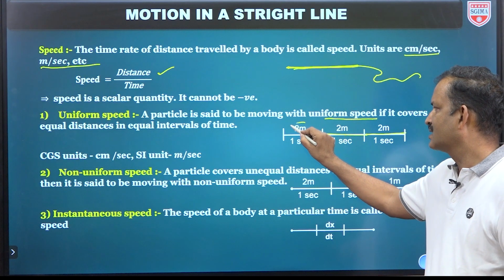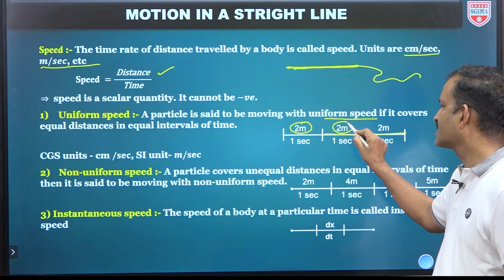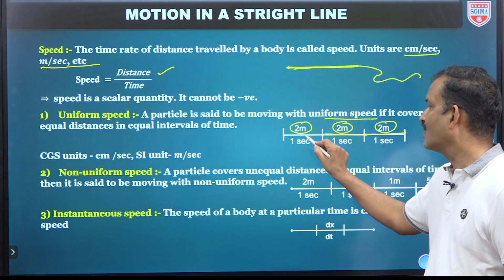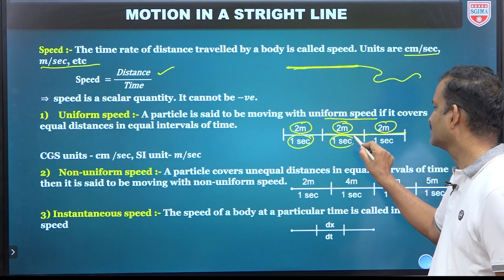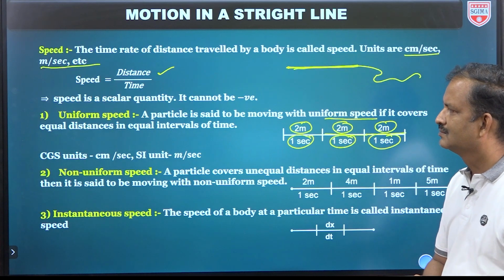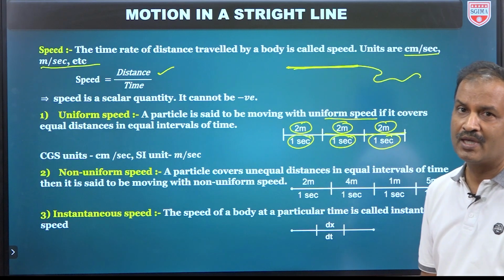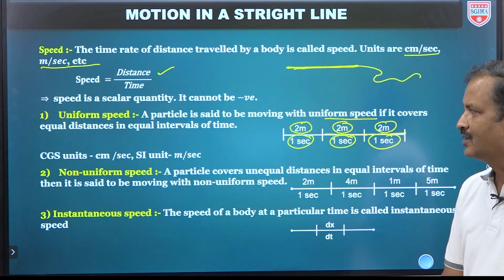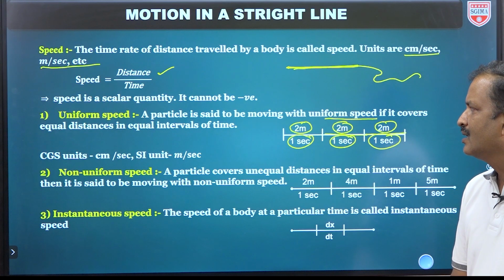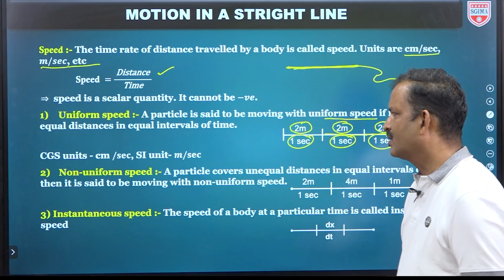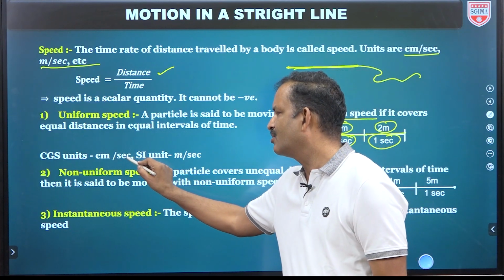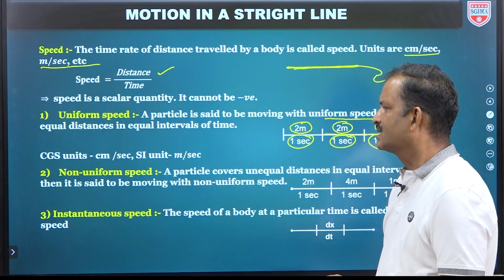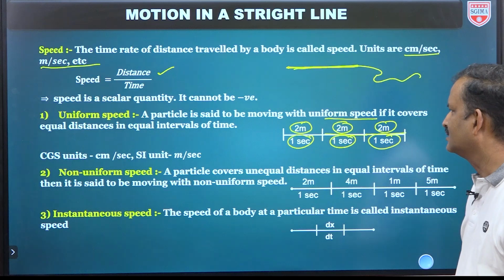So, it travels equal distances in equal intervals of time. Then the body is said to be in uniform speed. Okay? Whatever the speed may be, units are centimeters per second and SI units are meters per second.